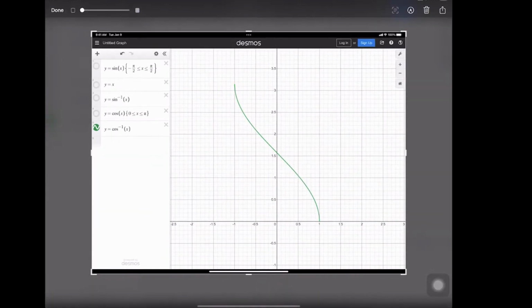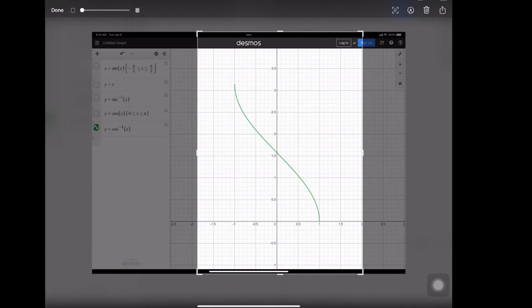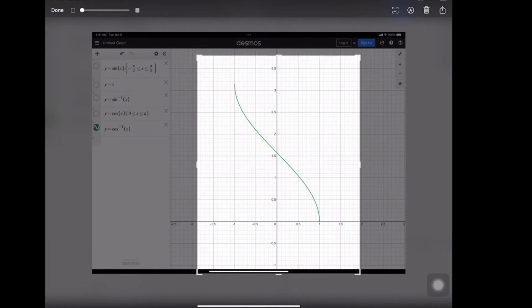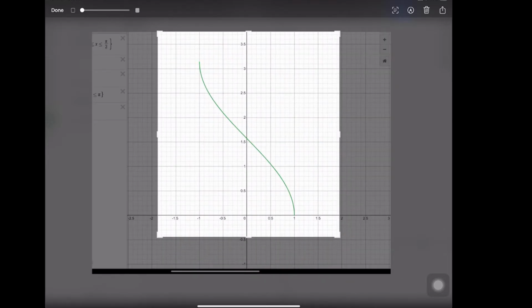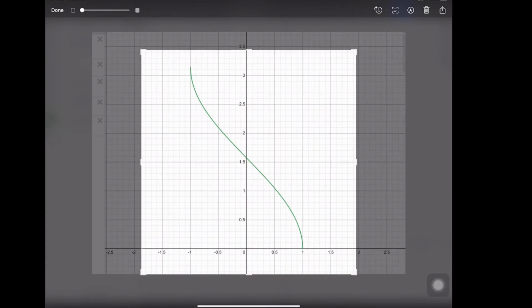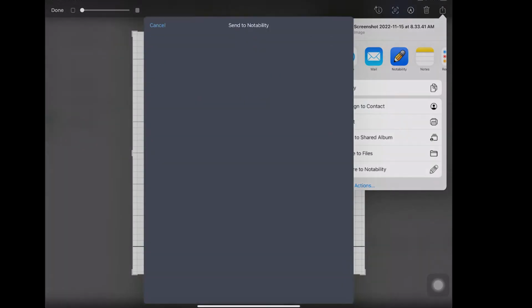And we'll just bring this into Desmos. Yeah, we're going to talk about what quadrants it's in now. It's a different situation.